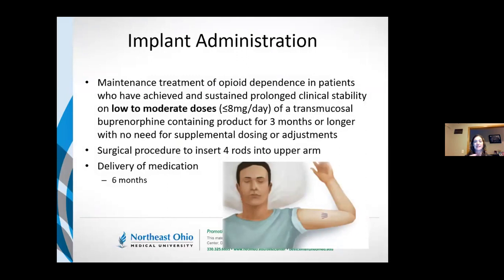It is a surgical procedure where 4 rods are implanted into the upper arm in a fan distribution that opens toward the shoulder. These rods start delivering medication right away, and they remain in place and deliver medication for approximately 6 months.